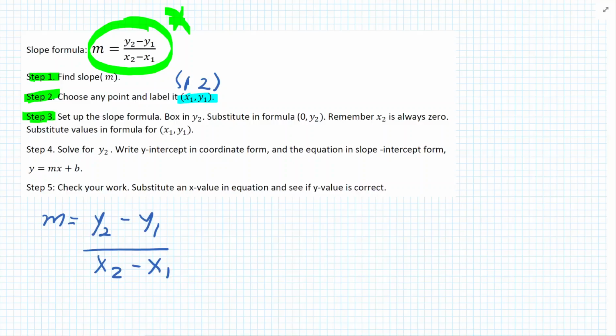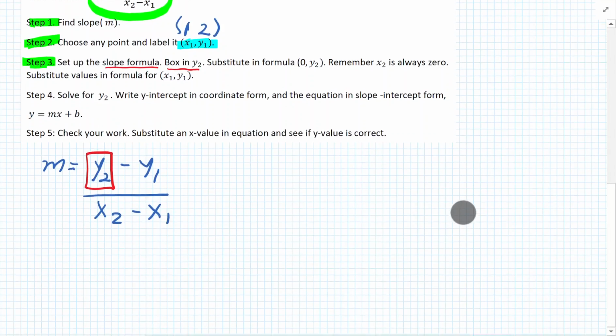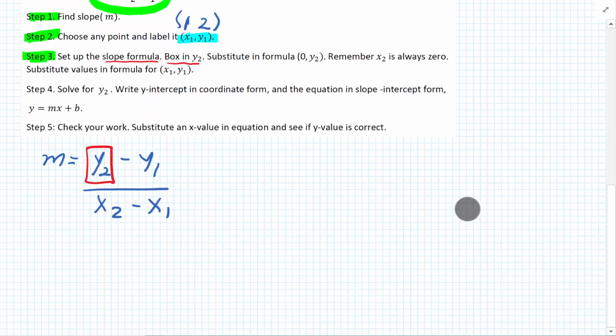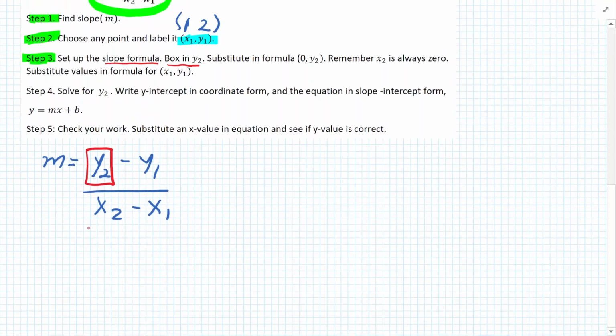And next step is, so we did the first part. This is the slope formula. Now we need to box in y2. Did that. Now we need to substitute in the formula 0 for x2. Remember, x2 is always 0, so we're going to put a 0 here for x2.